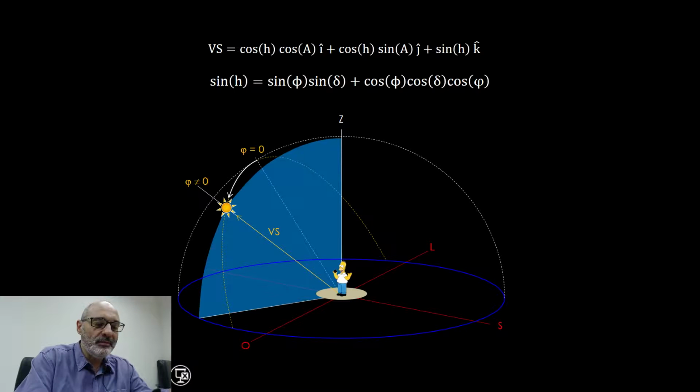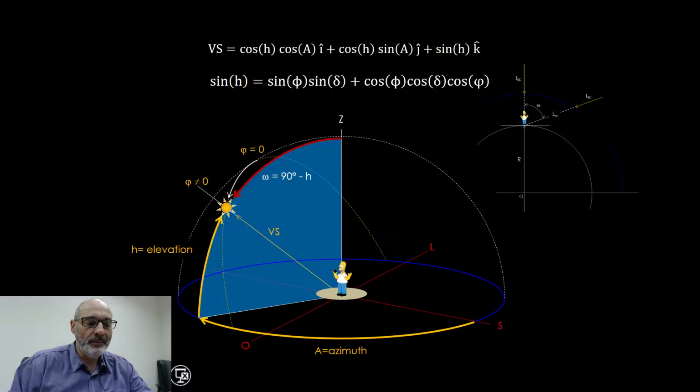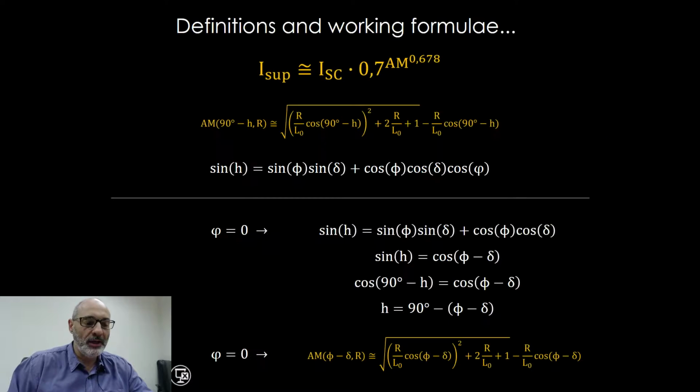If we define this plane between the zenith and the solar vector, we can plot the azimuth and the elevation of the sun, as I mentioned, and also the equivalent of an hour angle omega, which in this case is easy to see: it's 90 minus h.